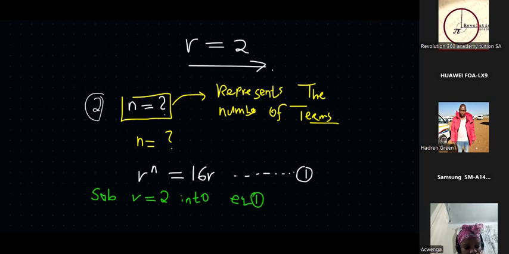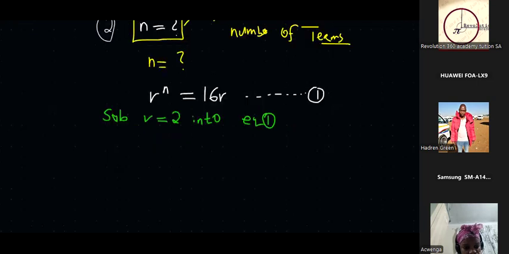If there's no question, then we're proceeding. When I say substitute r is equal to 2 into equation 1, start by making sure you write equation 1. So that is r to the exponent of n is equal to 16r.